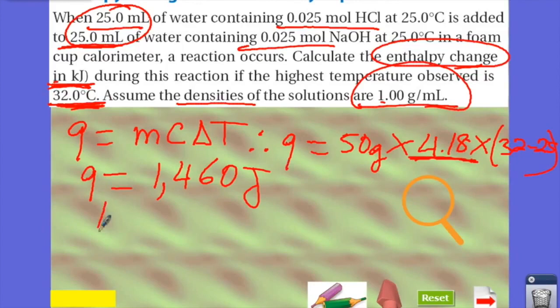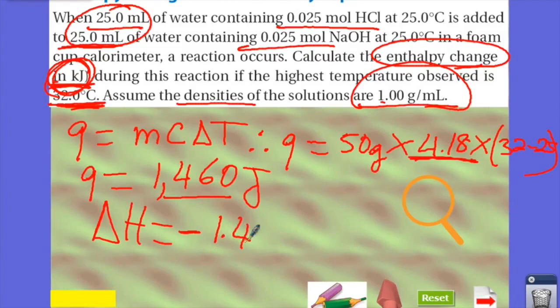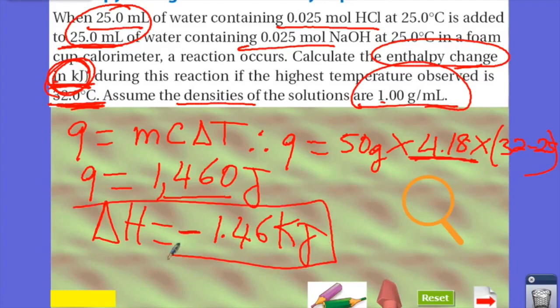So delta H equals, is that negative or positive? It is negative. Delta H is negative, and they ask me for delta H in kilojoule. So what is this in kilojoule? It is 1.46 kilojoules. So this is your delta H, 1.46 kilojoules.